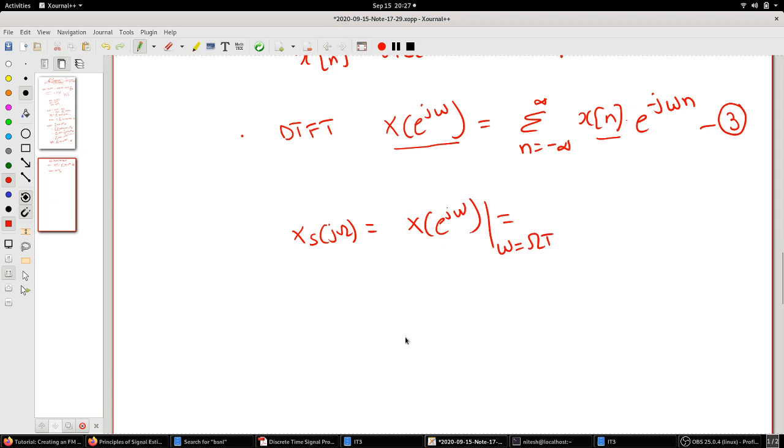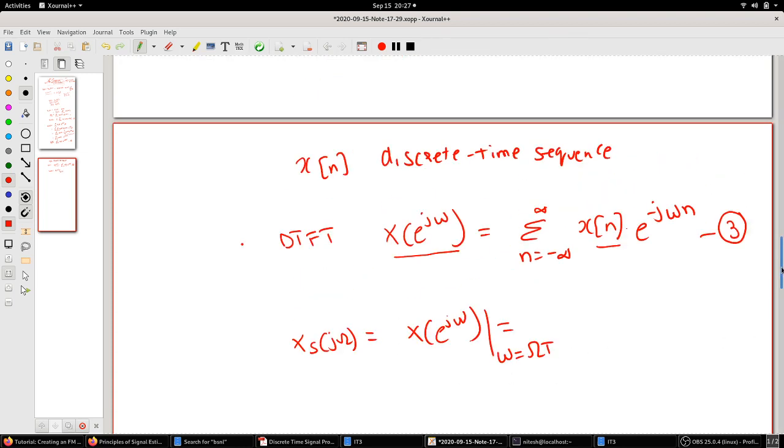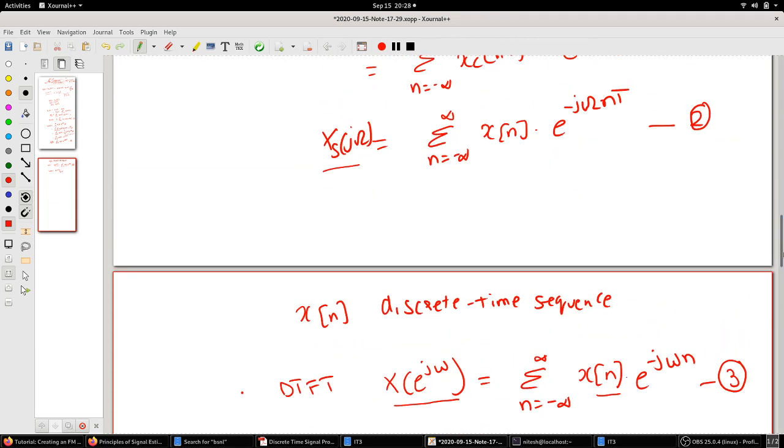That is why: if my omega T is written as omega, then equation 2 will turn into equation 3.